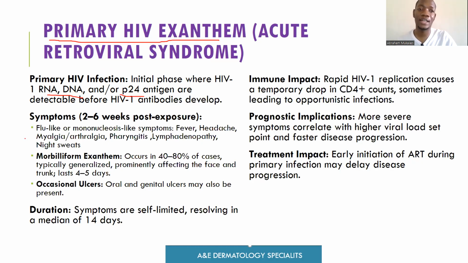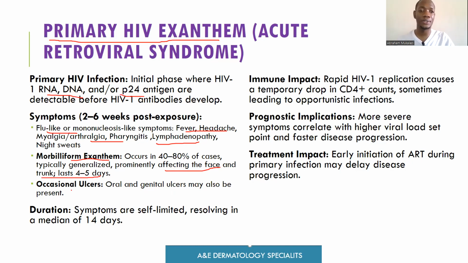Someone will have flu-like symptoms, joint pains, a sore throat, persistent lymphadenopathy, headaches, fevers, and on the skin, up to 80% of patients may get a generalized morbilliform eruption that typically presents affecting the face and the trunk, and it may last for about 4 to 5 days.